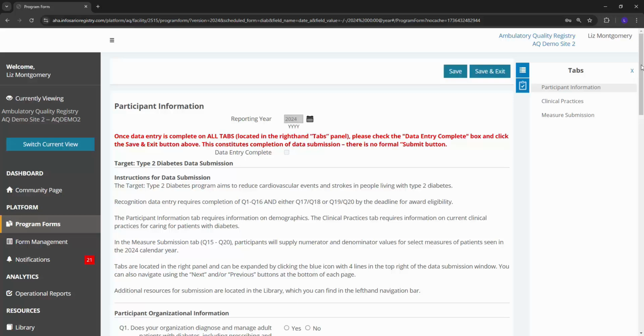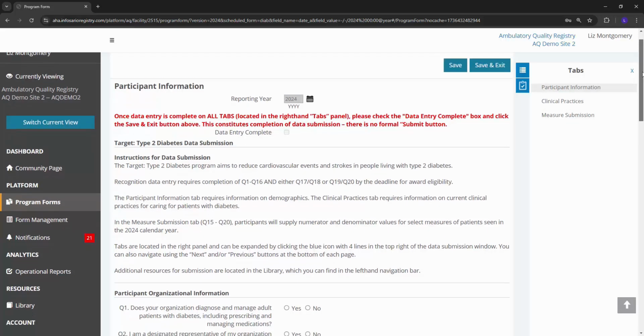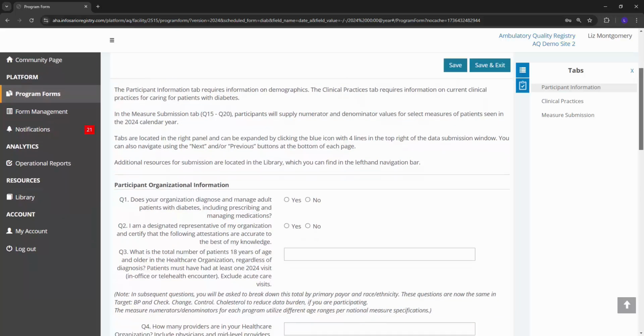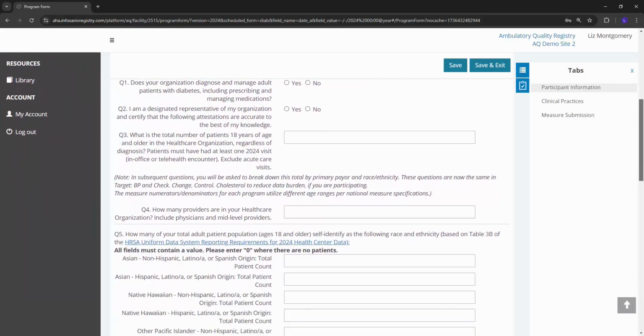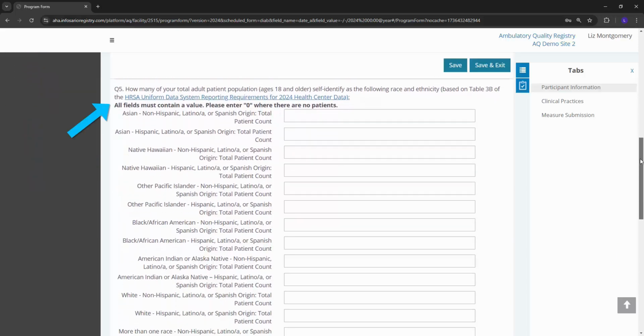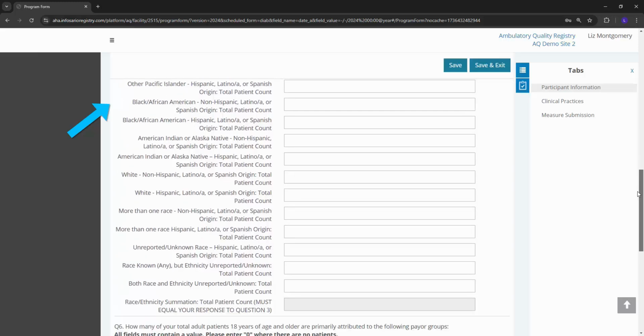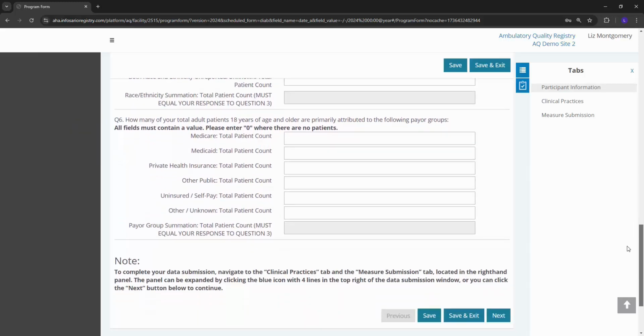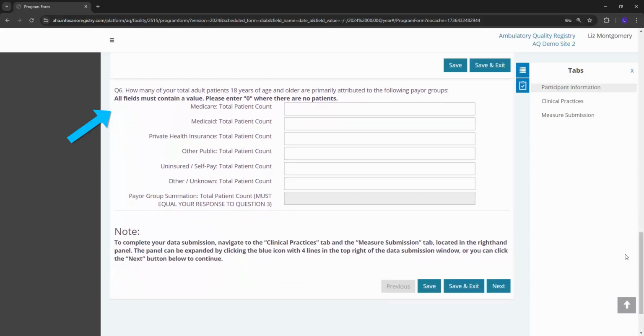Target Type 2 Diabetes has 3 tabs of data to enter, found under Tabs on the right. The first tab, Participant Information, contains questions about your healthcare organization, including your total adult patient population in question 3, a breakdown of your patients by race and ethnicity, as well as a breakdown by payer group.